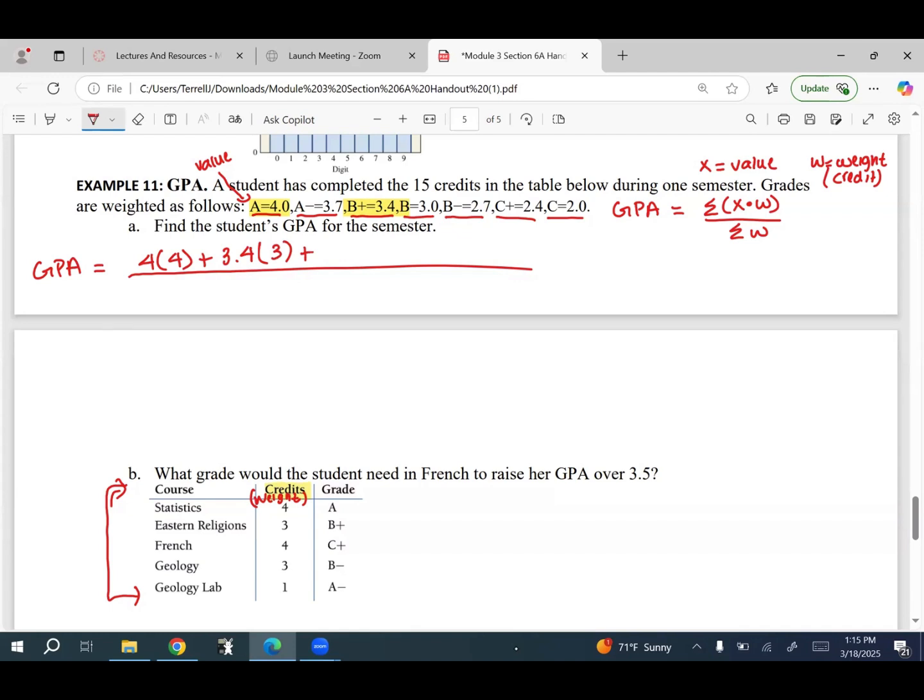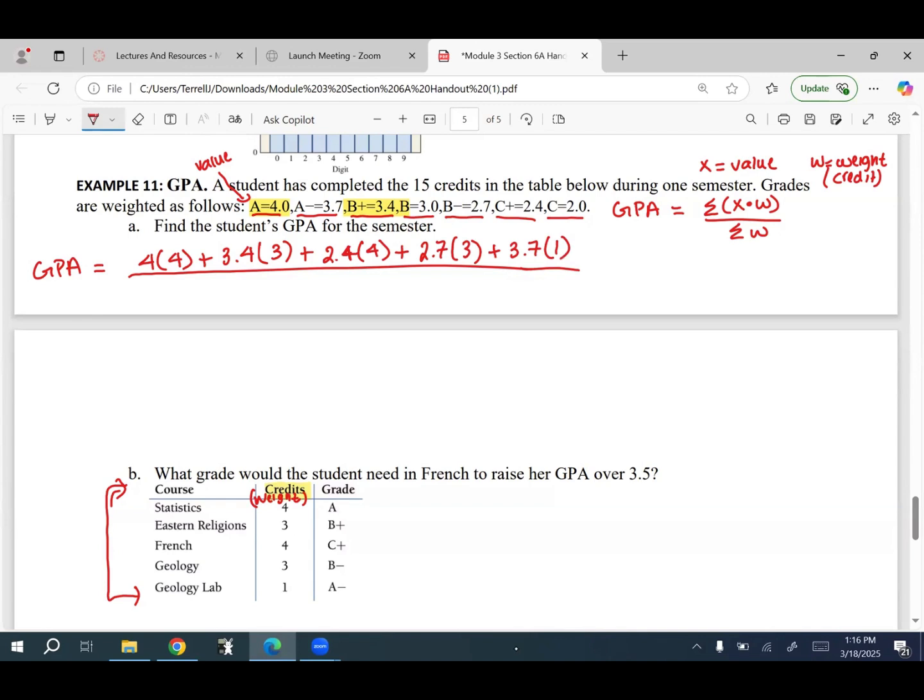The value of a C plus is 2.4, and that was in a 4-credit class. In geology, they got a B minus. A B minus is 2.7. And the weight is a 3. It's a 3-credit class. And then finally, in geology, the student got an A minus. That's a 3.7. And the credits was a 1.